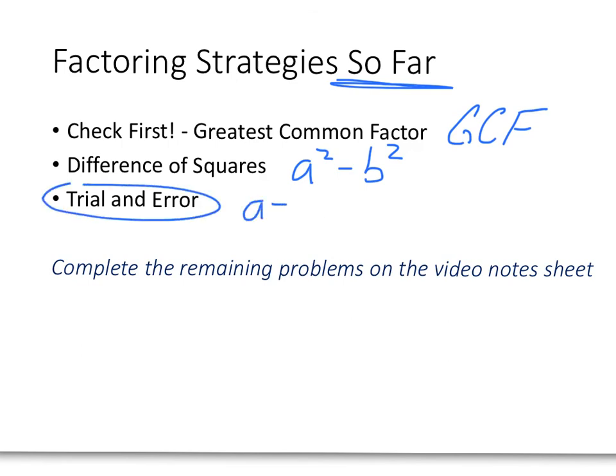We had a equal to 1, which made things a little nicer. It gave us a little structure to ask what multiplies to give us the last term and adds to give us the middle term. That helped us get going as far as guessing and checking what the quadratic expression would factor into. So finish up the video note problems, and we'll talk tomorrow.